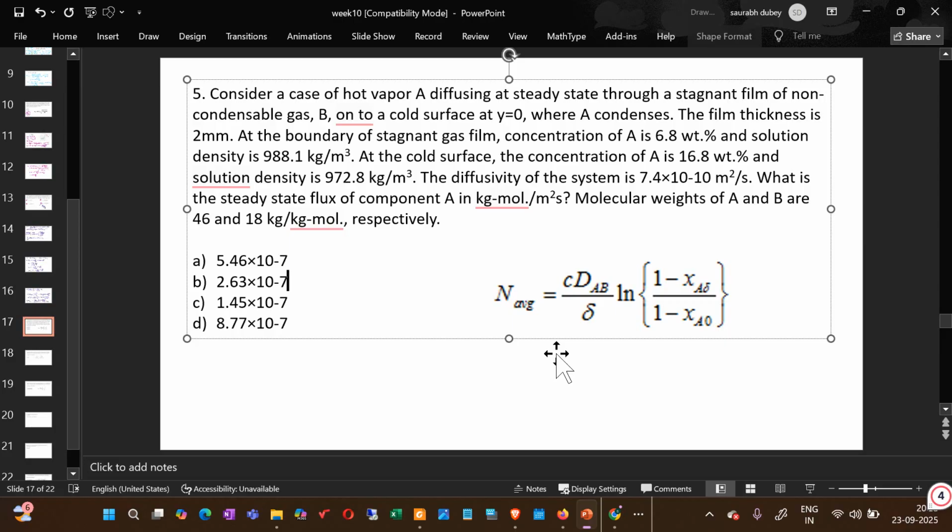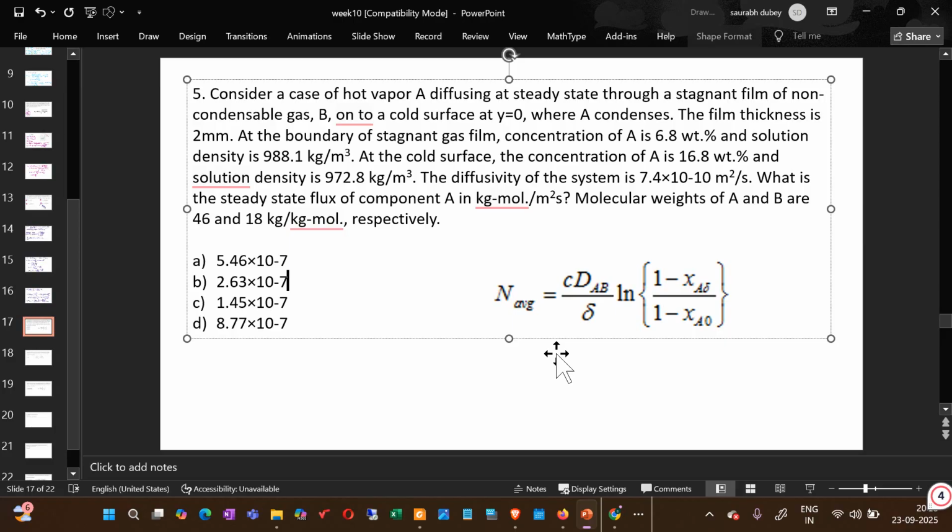So this is another case where temperature also came into the picture, right? But let's see where A condenses. So A is diffusing in the stagnant film of non-condensable B, reaching the cold surface at y equals 0, where A condenses, right?